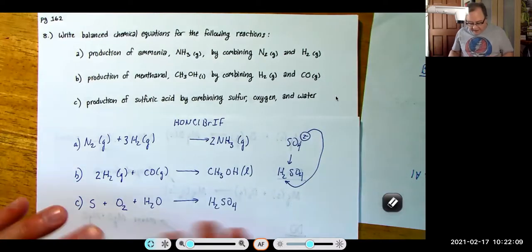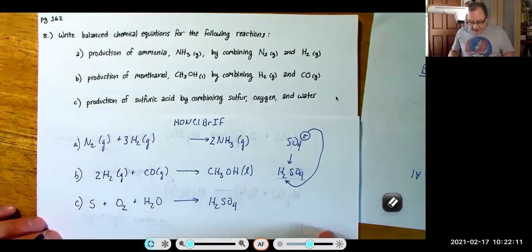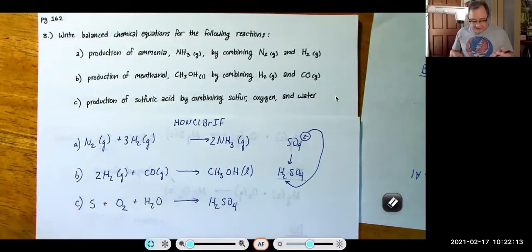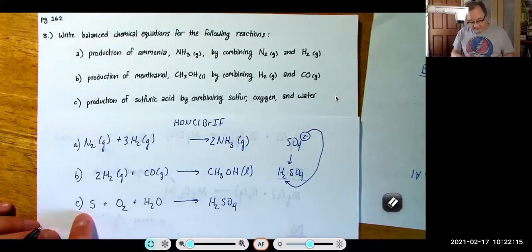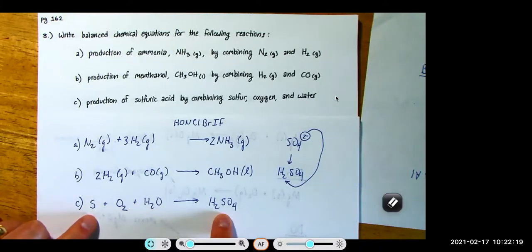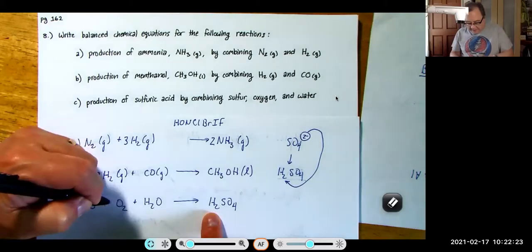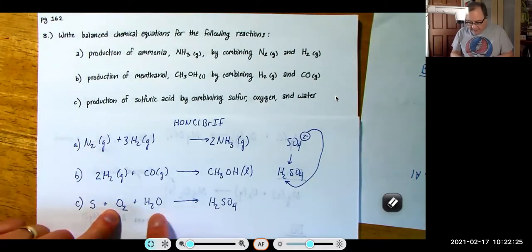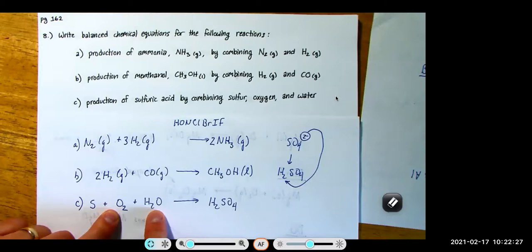So now we're ready to balance. When I balance these things, I usually just start on the left and go to the right. So sulfur is good, right? Right. Oxygen, we want to put a 2 in front of that, but if we do, what about that one? We have 3 of them over here and 4.